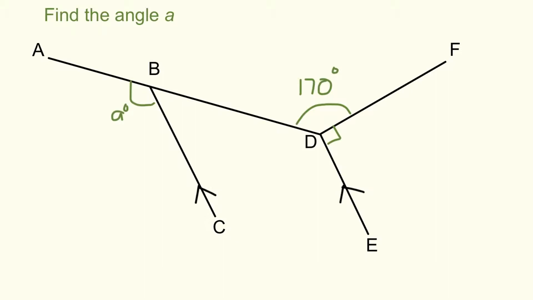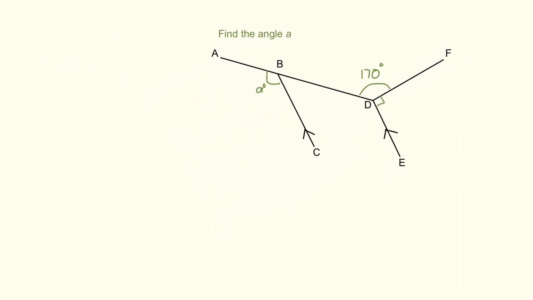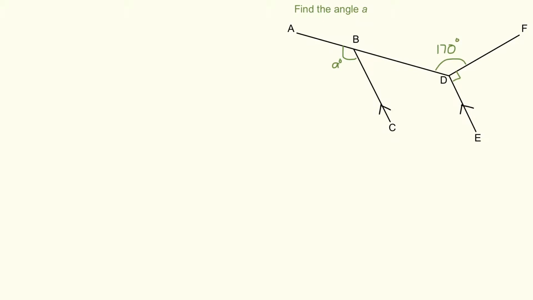Alright, so how did we go? I'm just going to shrink this down a little bit and move it up into the corner so that I have a little bit of space to work. So what I'm going to do first of all is solve this little problem we have over here. I know that this has to be 360 degrees. I know that is 170, and I know that that is 90. So therefore that over there has to be the difference.